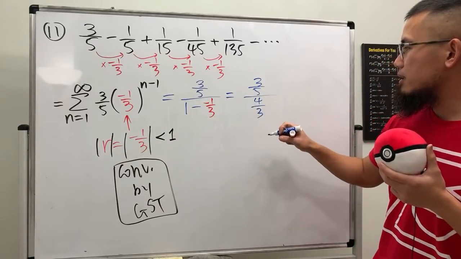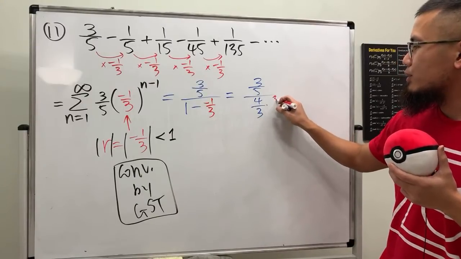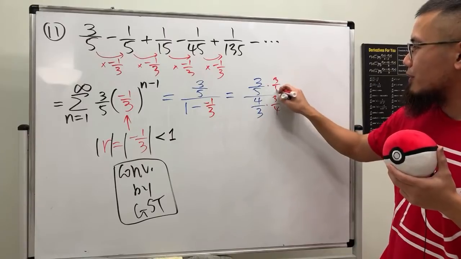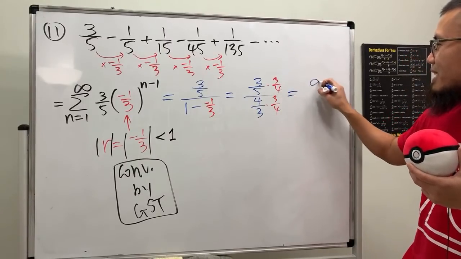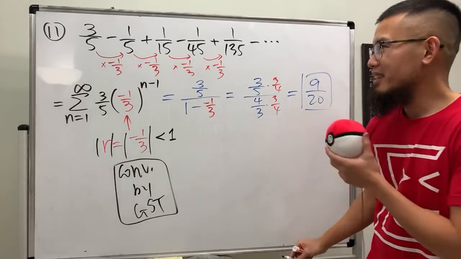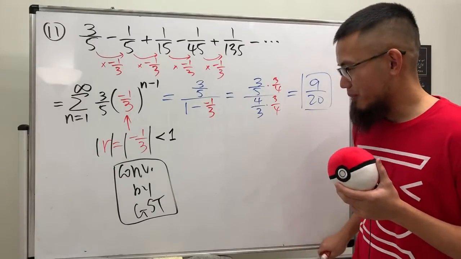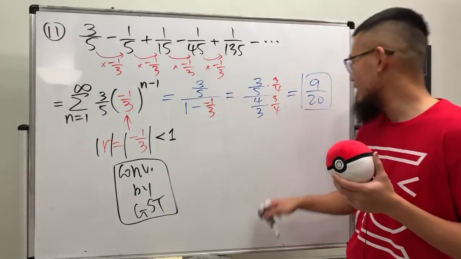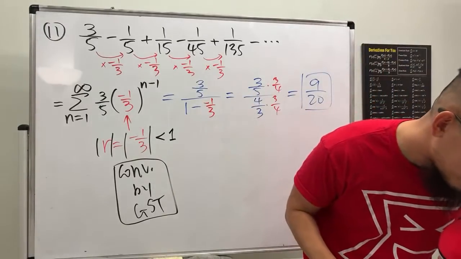Am I right? Yes. And then multiply by 3 over 4. So finally, this right here becomes 9 over 20. So if the question is asking you what value it converges to, the answer is it converges to 9 over 20.